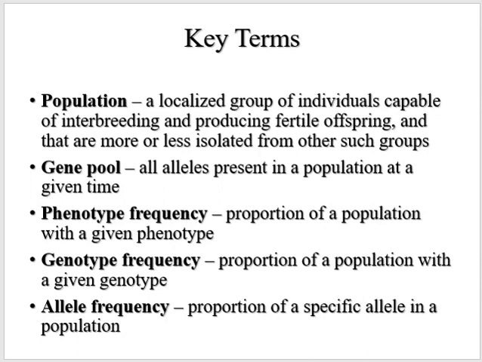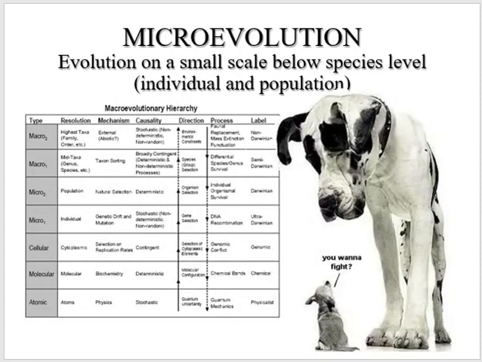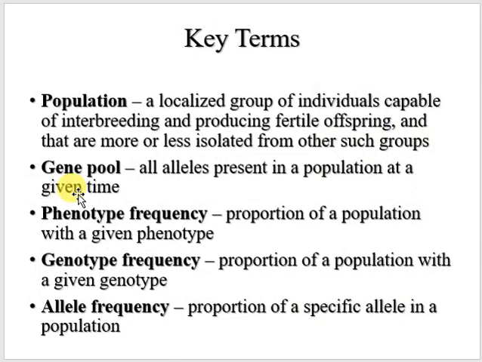As I was saying, microevolution operates at the individual or the population level. Above that, above the species level, that would be macroevolution. So what is a population?